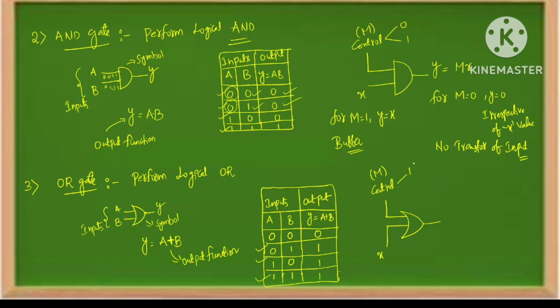Let me assume first, if the control input is 1, the output is 1. Okay. See the meaning behind this understanding: when I am making this control input 1, the output is 1 irrespective of the X value.